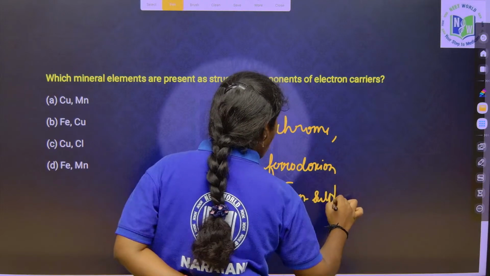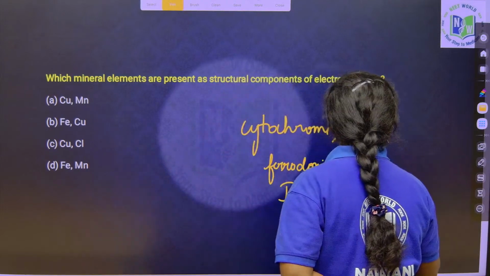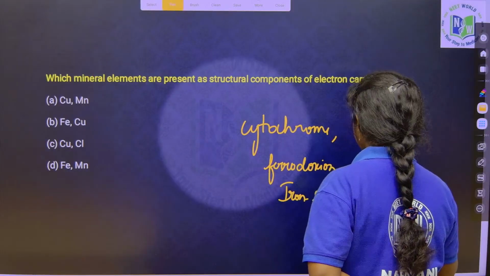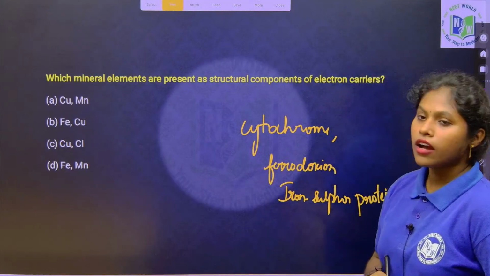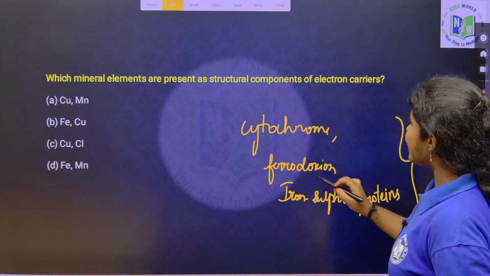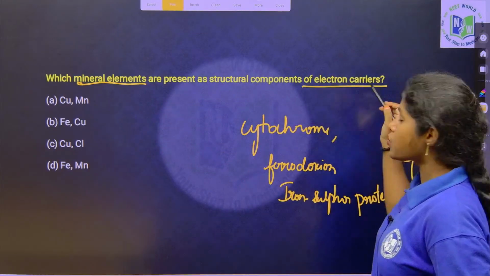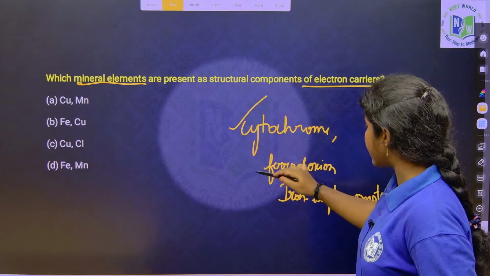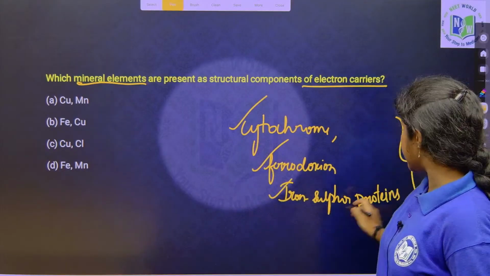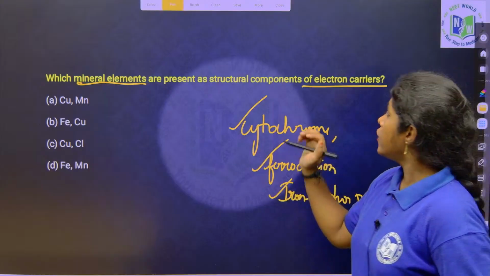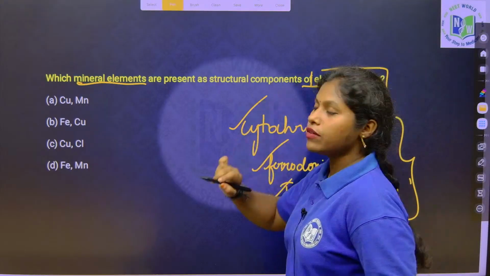So for all these elements, which is the main important mineral they are asking, which mineral element is present in the electron carriers. What are electron carriers? Cytochromes, ferredoxin, iron-sulfur proteins, these are the main electron carriers involved.